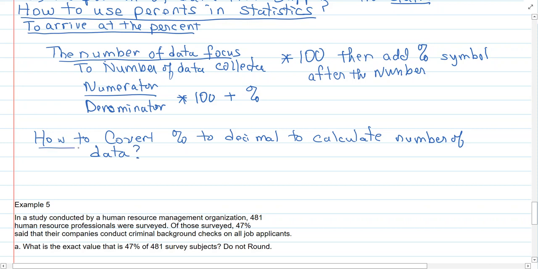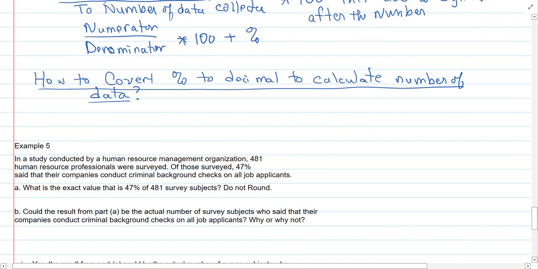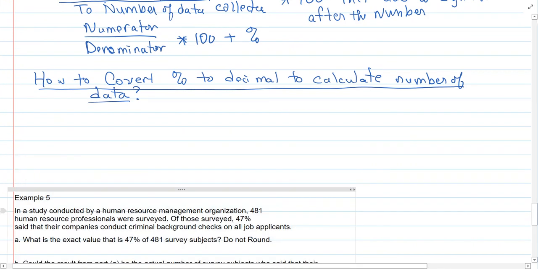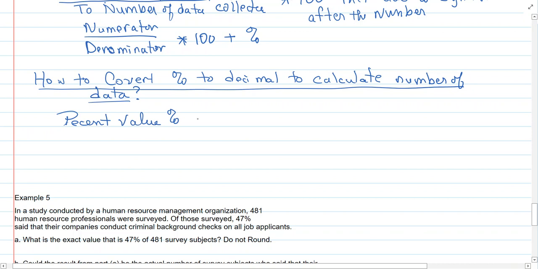Now we use this to figure out how much of the data actually agreed with that premise that they presented to us. So to do this one, okay, we take the percent value and we cross out the percent sign.